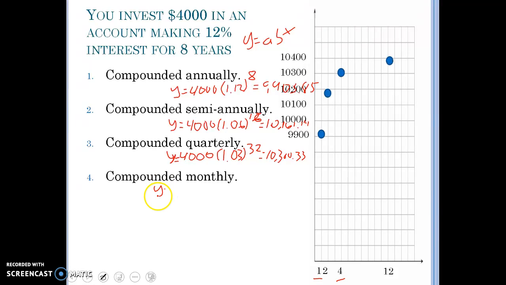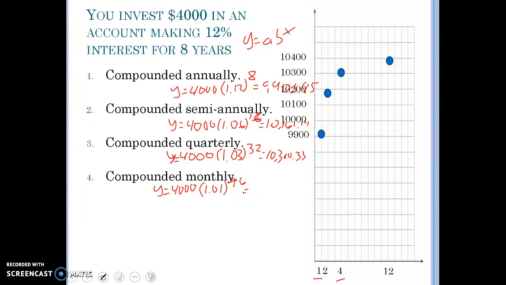We're going to start again with $4,000. If you compound it monthly, that means you're going to get 1% every month. So you're going to multiply it times 1.01. There are 12 months a year for 8 years. So that's going to be to the 96th power, because 12 times 8 is 96.